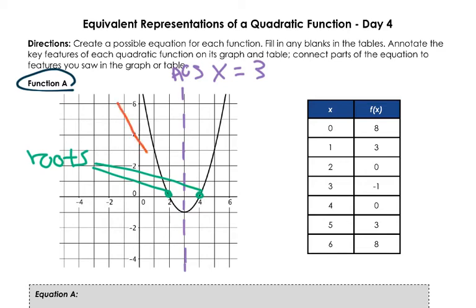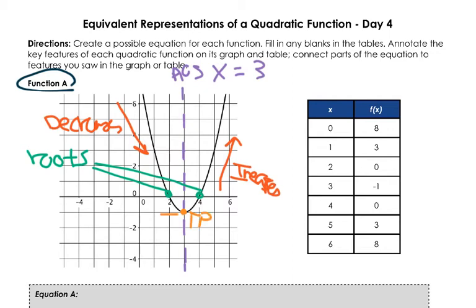Annotating the flow, so the graph first is decreasing and then it's increasing. I'll also be pointing out the turning point.